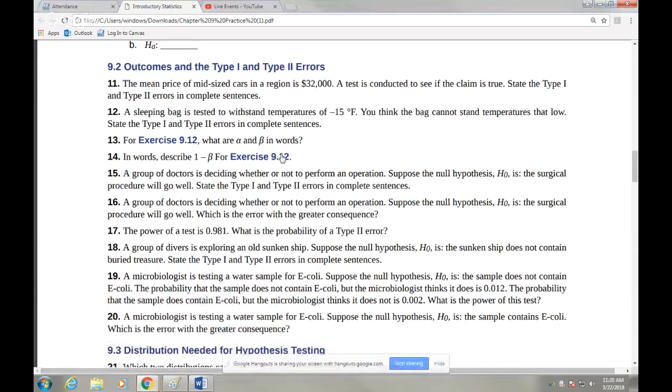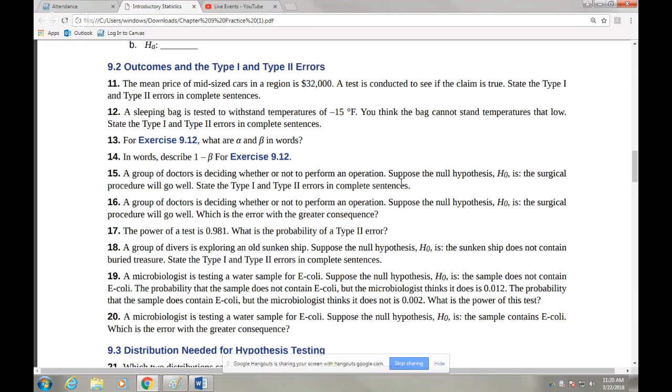Okay. Let's go to 13. Oh, they do actually expose you to this. Skip number 14 on your homework, and I will skip number 13. Skip number 14. Okay.